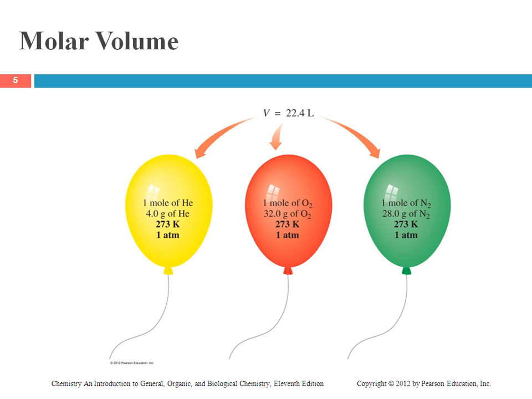The volume is 22.4 liters. Now our mass is different because they have a different mass with respect to the periodic table when we add up their atomic weights. But if there's 1 mole of gas, it will take up a volume of 22.4 liters.